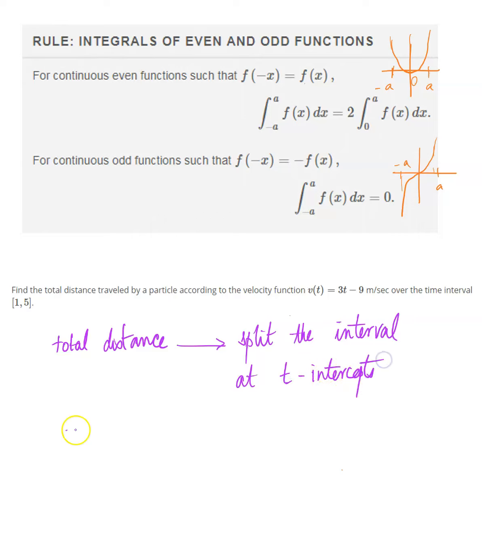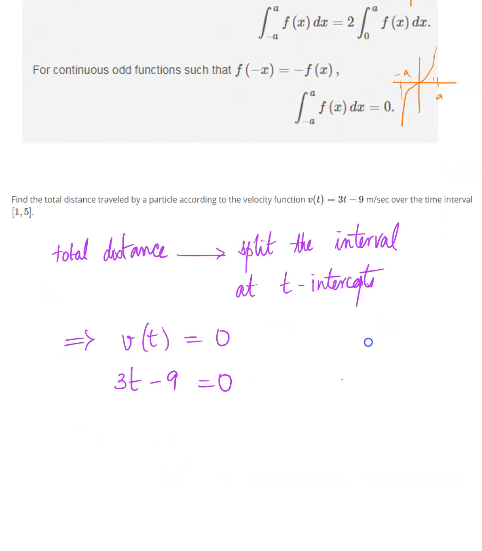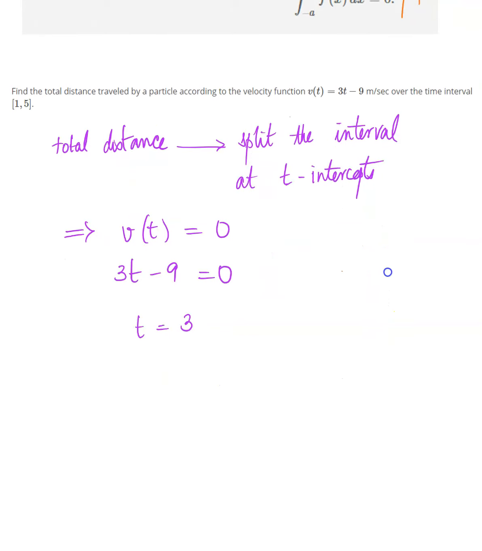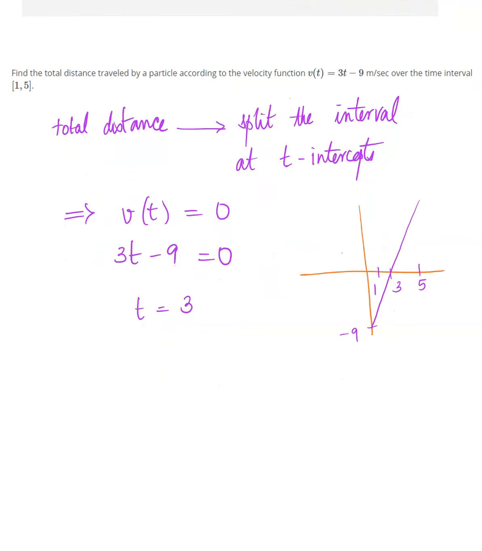Usually we use the x-intercepts, here it's called the t, so the t-intercepts. And how do we find the t-intercepts? This means you set your velocity function to 0, which is 3t minus 9 equals 0. Solve for t. t gives us 3. When you look at this sketch, you can see that your velocity will be negative from 1 to 3. The velocity is positive from 3 to 5.